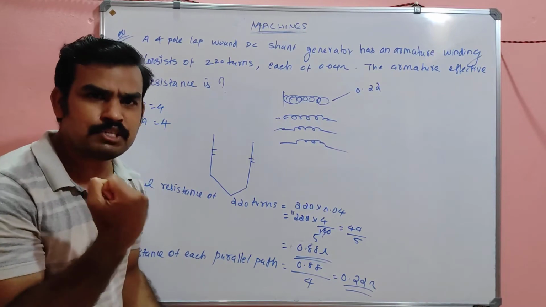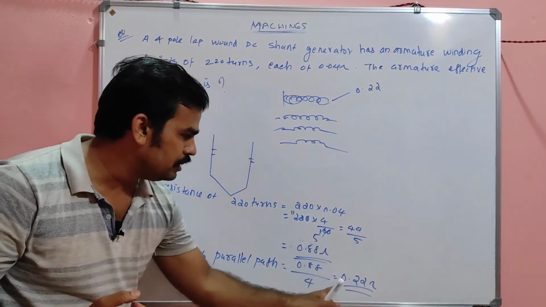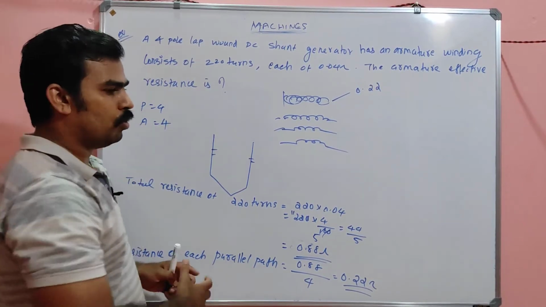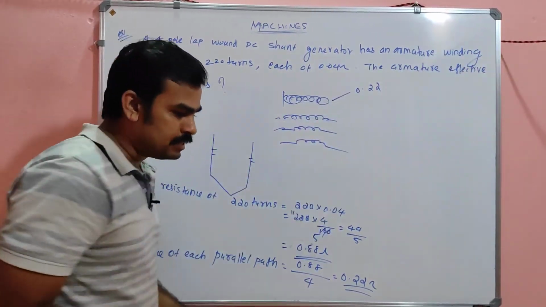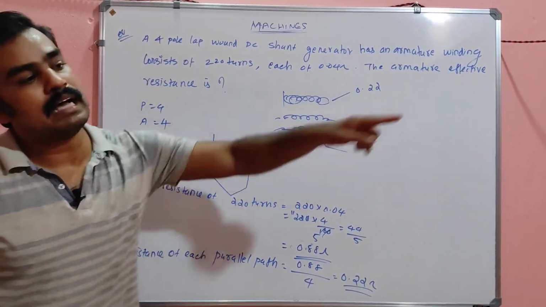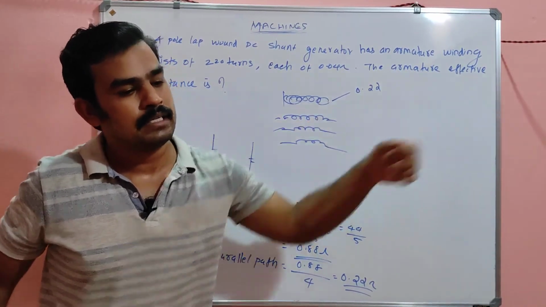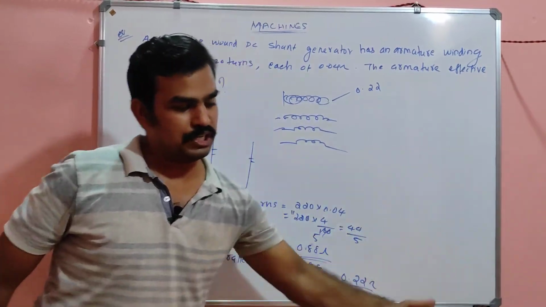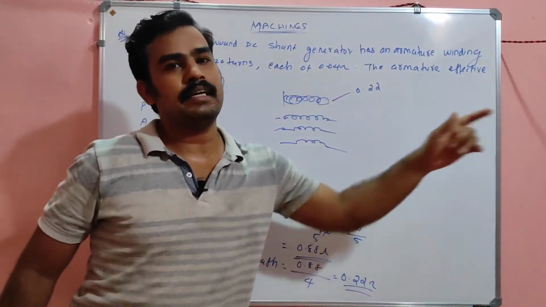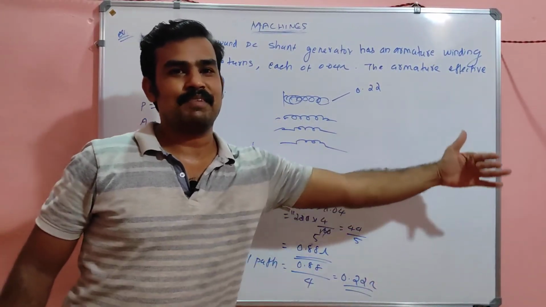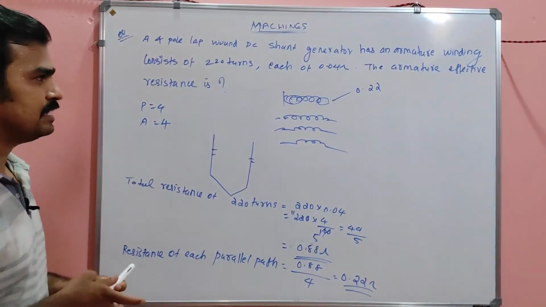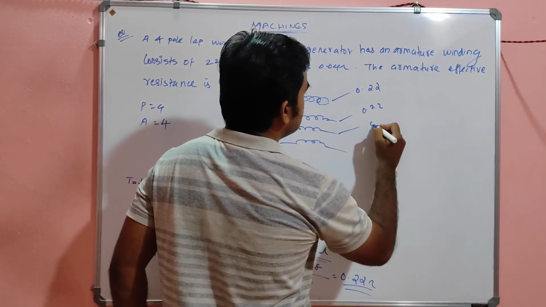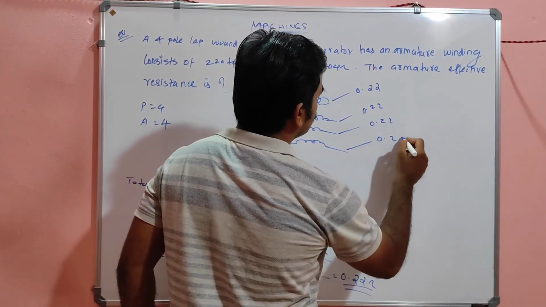Then each bunch will contain 0.22 ohm, because from here to that end you have 0.88. In between you break it into 4 sessions, and each session will contain 0.22 ohm.